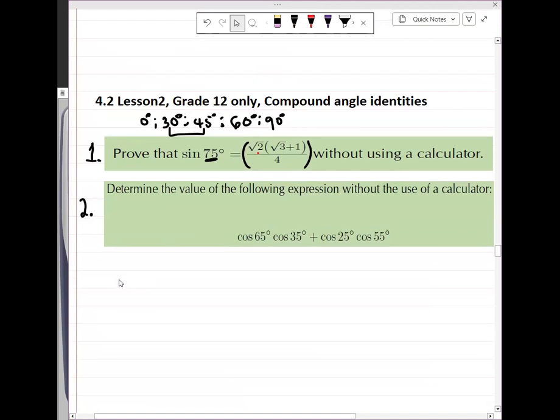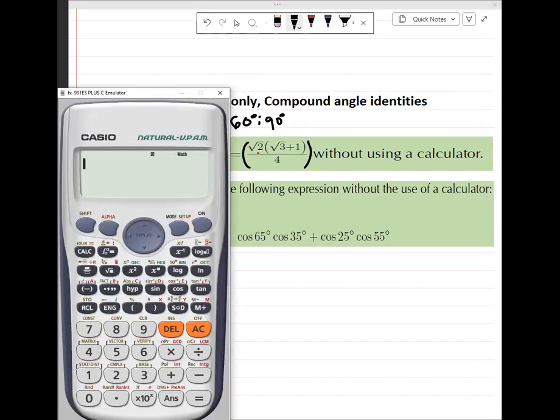Number 2, they say determine the value of the following expression without the use of a calculator. Remember I said with this kind of question, you always have to check your answer at least so that you expect what answer you are supposed to get. Let's check now.